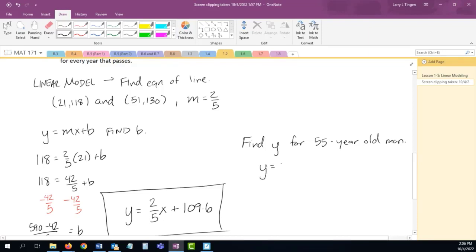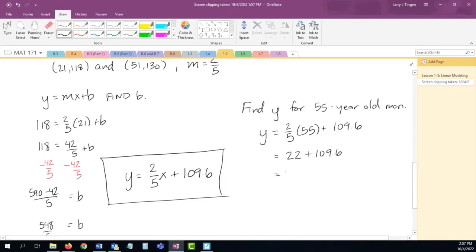That means y is, we have it right here, 2/5 times x, where x is the age in years, so that's 55. 55 divided by 5 is 11. 2 times 11 is 22. 22 plus 109 is 131.6.